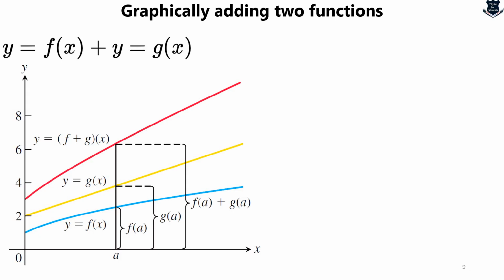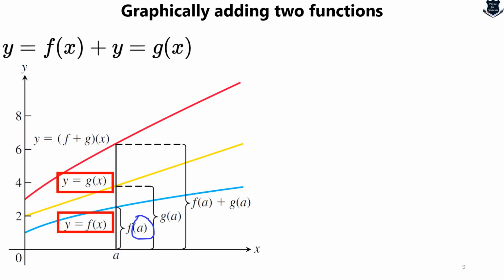As you can see, first of all, let us choose a point A on the x-axis. So first is this y equal to f of x. Now this is what we call the usual function. From here, we find the y value corresponding to A on the graph of f of x. And this is represented by the vertical line segment from A to the point on the curve f of x, which is highlighted over here.